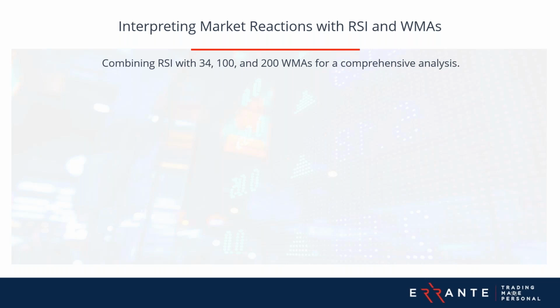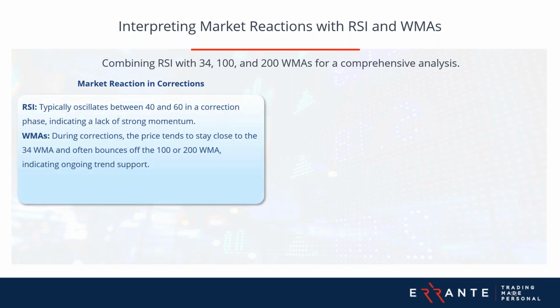Building on our exploration of RSI and WMAs, let's delve into how these tools together can significantly enhance our market analysis, particularly in distinguishing between corrections and reversals, which is our main topic today. In periods of correction, the market exhibits relatively mild fluctuations.